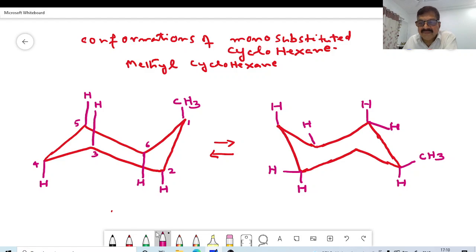Okay, here there will be a hydrogen. It's an axial hydrogen only, but that is getting bent all the time.